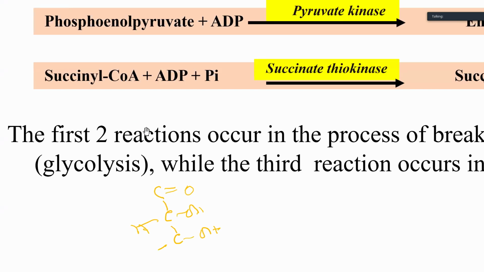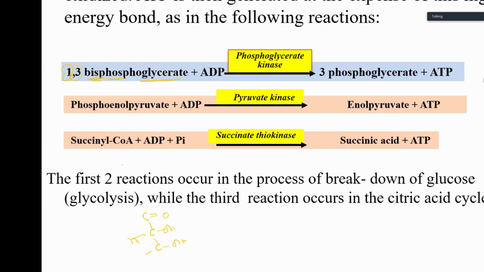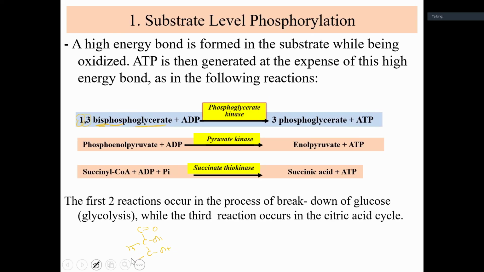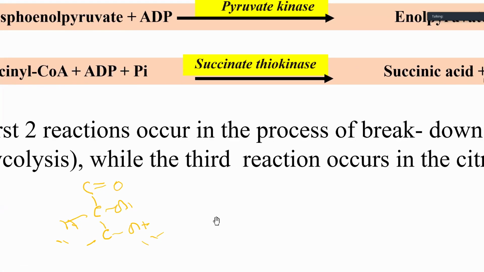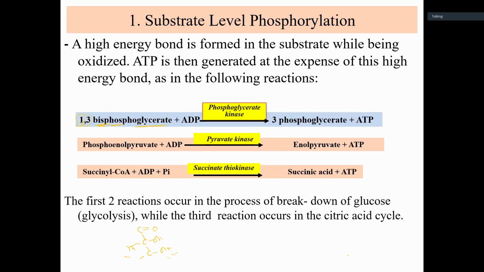Clear? I can write this like this: this is H here and H here, CH2OH. Clear, guys? If you add phosphate here, at 1 and 3, this is phosphate here and phosphate here.